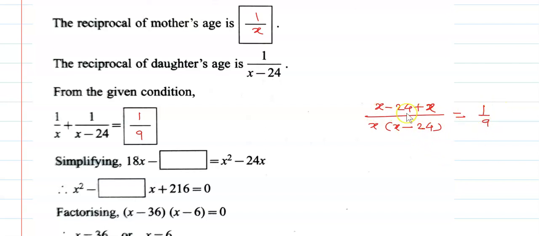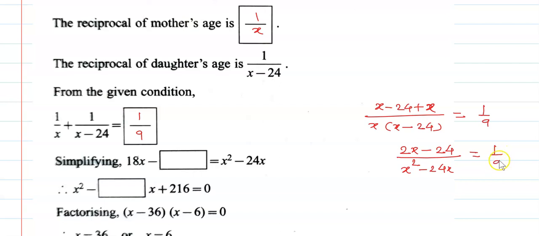After the simplification, x plus x, you will get here 2x minus 24, upon x into x, you will get x square minus 24x.